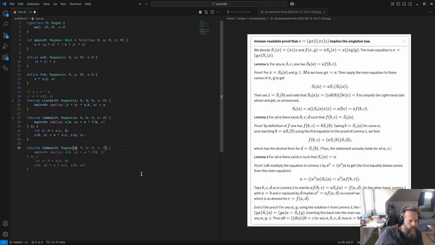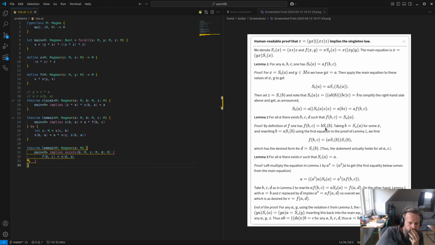Let's see, for all A, let's see, main M implies exists B, C, D, so that F of BC equals S of DA. All right, cool. So this isn't enough either. So by the definition of F, we have F of BC equals this.